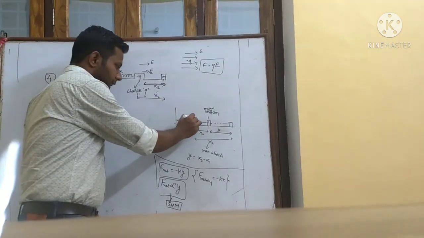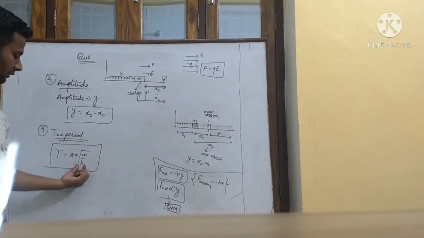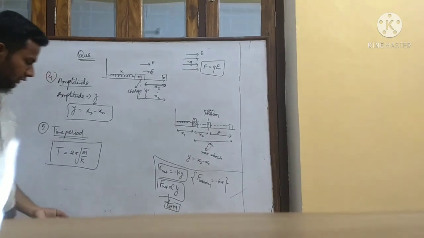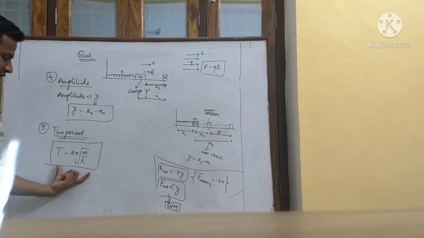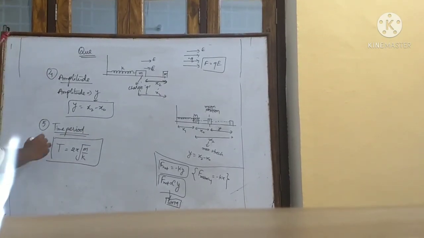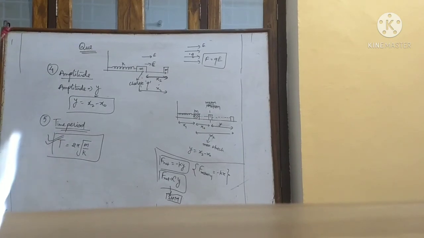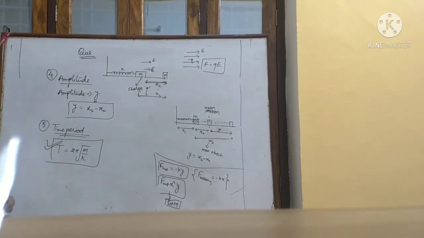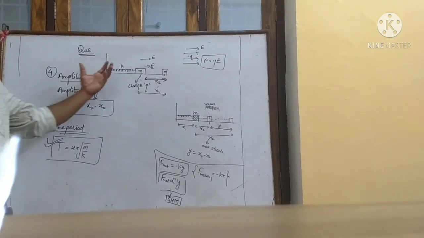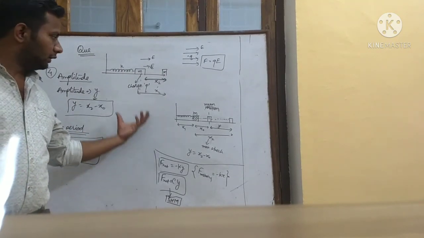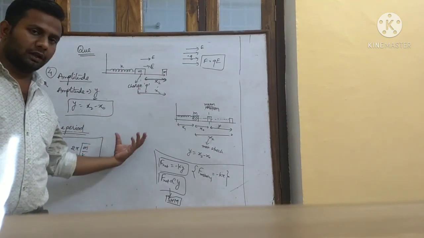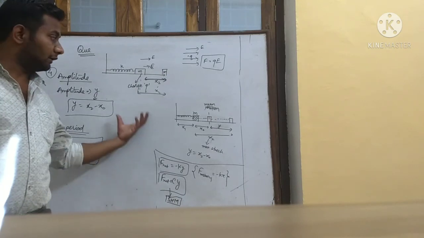The mass of this block is m. There is a spring having constant k, a similar spring. Okay? And there is nothing that can be changed in this formula. So you can get the time period by this formula. That's it. So we have solved all the 5 parts of this question. Okay. So try to solve this question again. This is a very important question, a very good question.